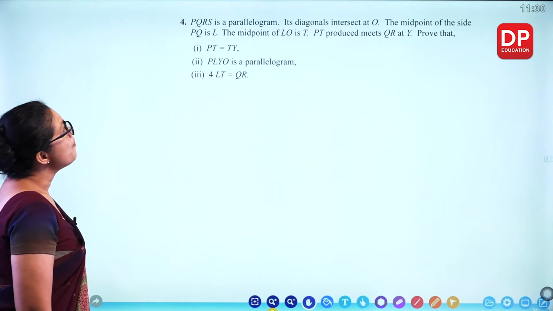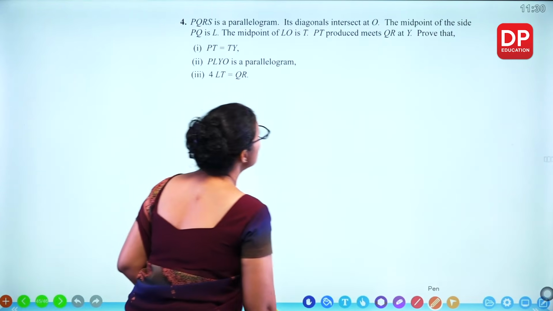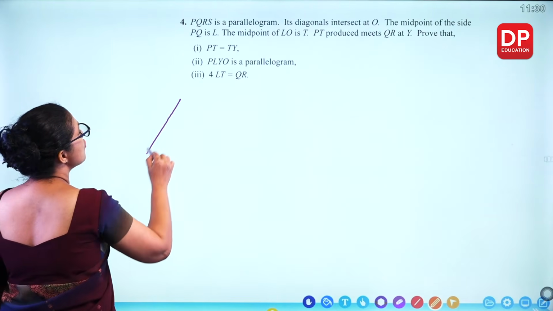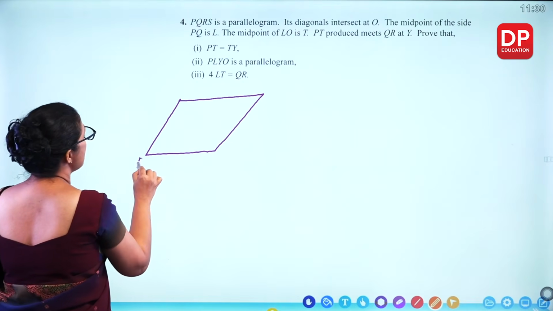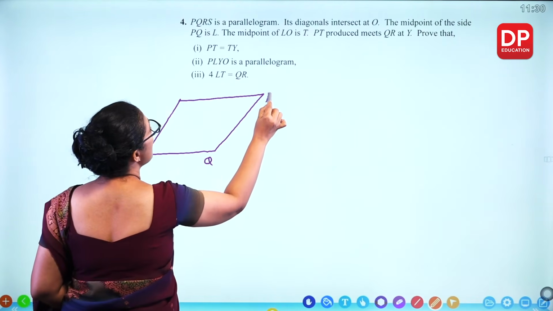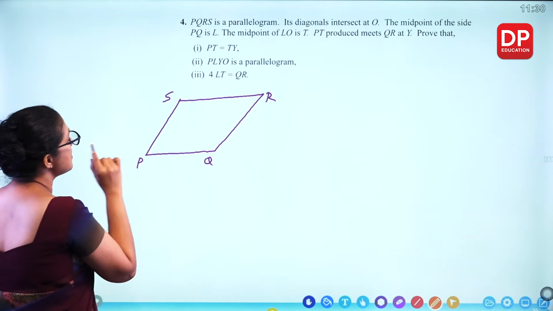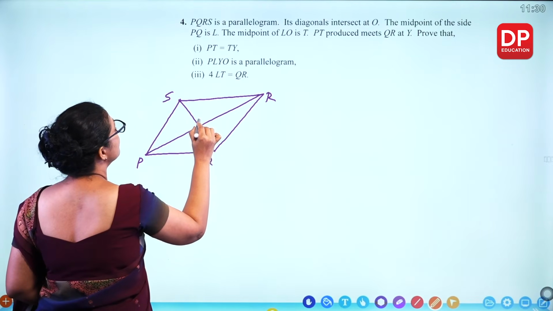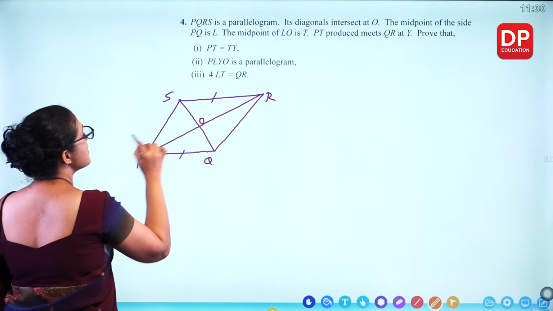Question number 4. PQRS is a parallelogram. So we need to draw the diagram because the diagram is not given. So we'll draw it. PQRS is a parallelogram. Its diagonals intersect at O. These two sides are equal.